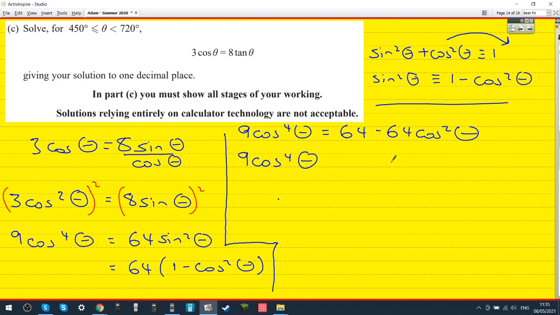Equals minus 64 cos squared theta. And then? So we move that over. Yeah, but move them both over, so I'll make it equal to 0.